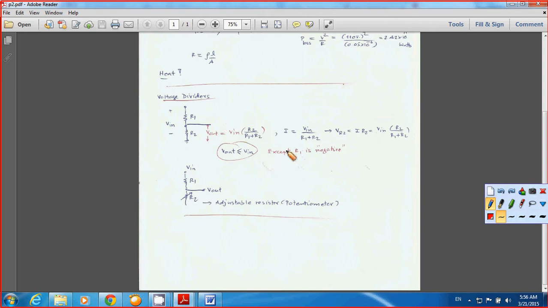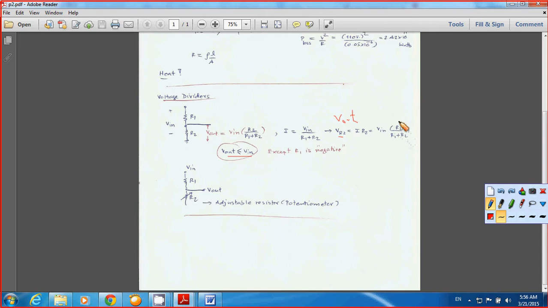Now there's something interesting here. You can see that V R2 is actually V out. In general, your V out is always going to be less than V in, except when your R1 becomes negative, because then it subtracts from R2.